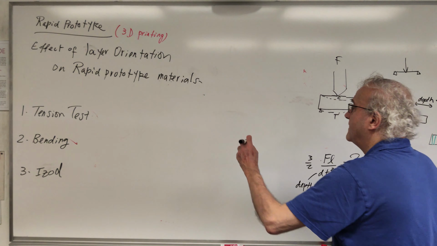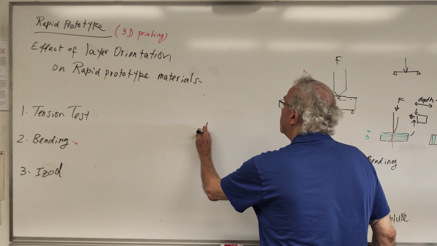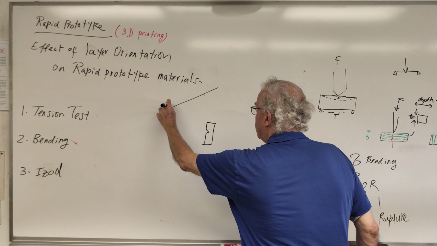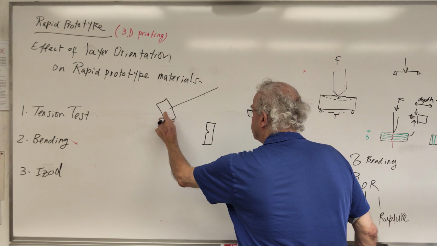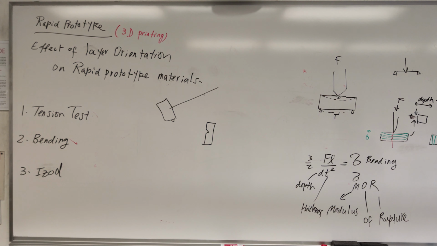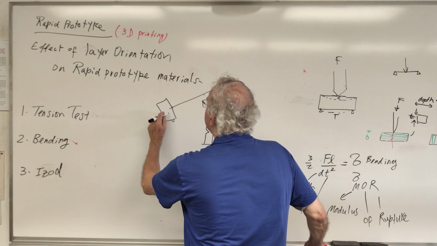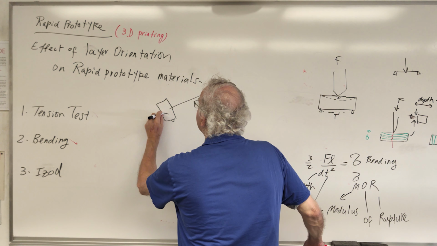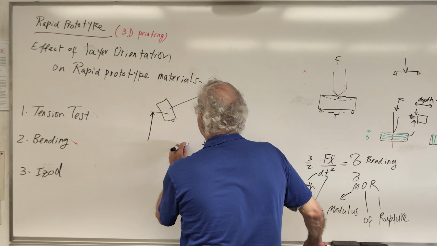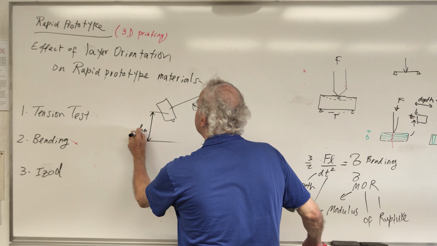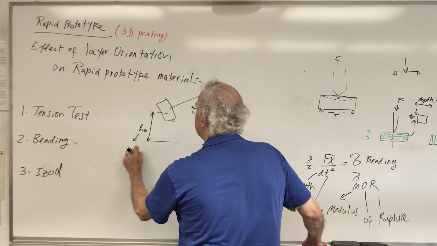Now, if I have a sample and I have a hammer, and I have here an H naught, which is the initial height.